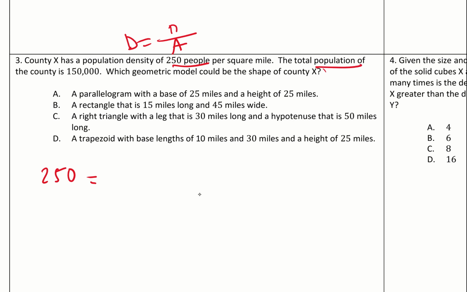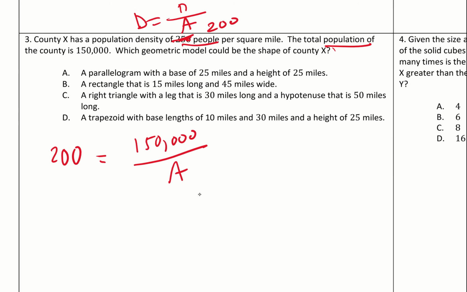The total population is 150,000, divided by the land area. Which geometrical model could model the shape of County X? Actually, there's a typo here. This should say 200, not 250. So make that correction. It's 200 equals that, so we're going to swap this and that to solve.